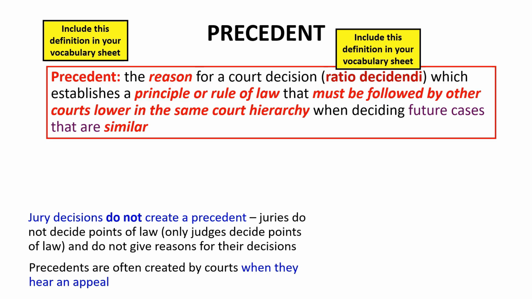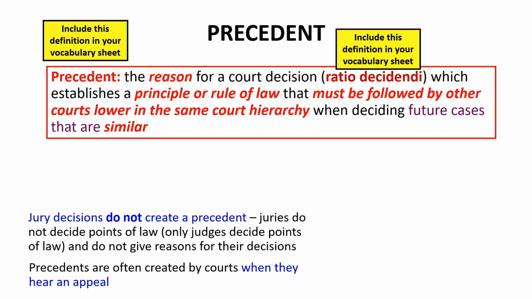There is only one High Court in Australia, and it is the highest court in each of the state court hierarchies. In the Victorian court hierarchy, below the High Court, we have the Court of Appeal and then the Trial Division. These make up the Victorian Supreme Court.